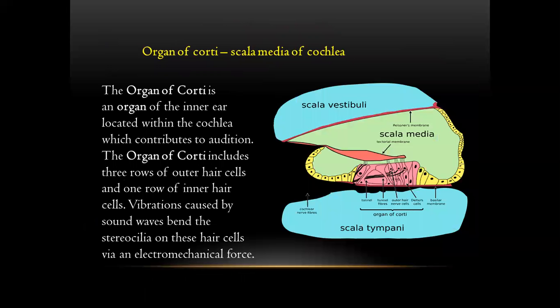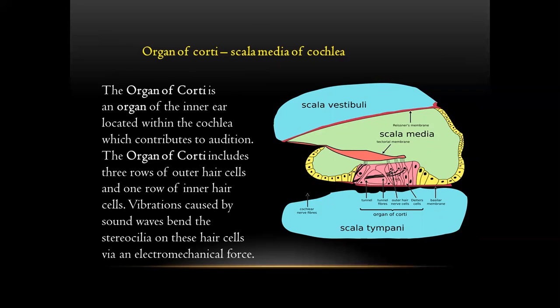Now moving to the next question. The next question was about the organ of Corti. They asked about the location of the organ of Corti. Basically, the organ of Corti is present in the scala media of the cochlea. Organ of Corti is an organ of the inner ear located within the cochlea which contributes to audition.